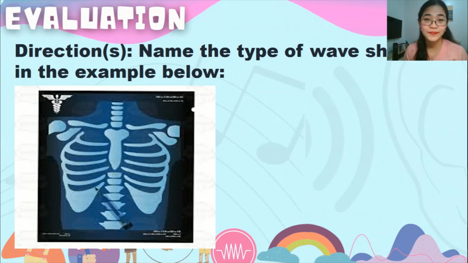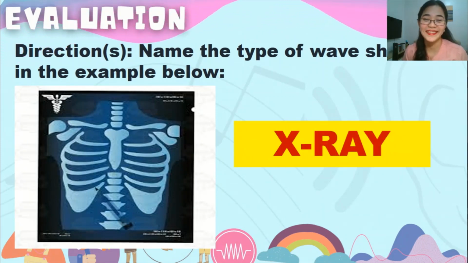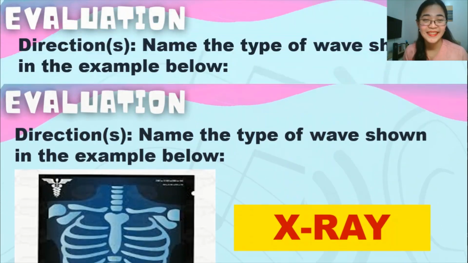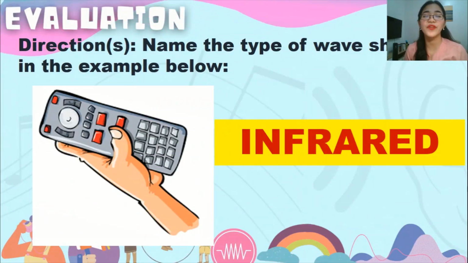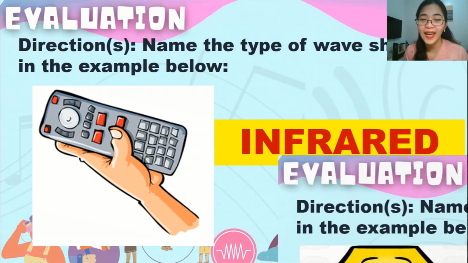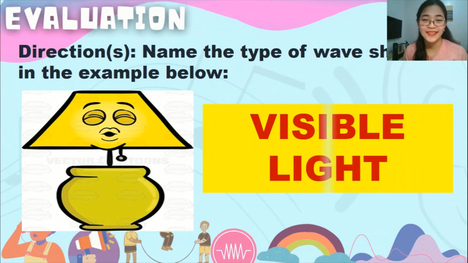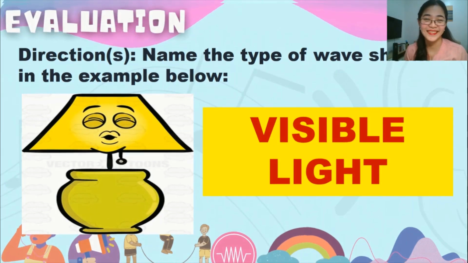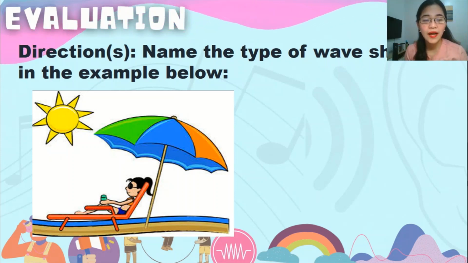This one? X-ray. Good. I know you're doing great. How about this? Infrared. And this one. Visible light. How about this, wherein you need to apply sunscreen to your skin?